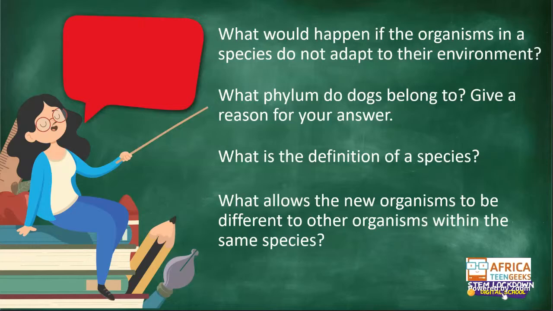But I am telling you now that that die out or that extinction can also happen not just because the animals didn't adapt to their environment or the species didn't adapt. It can also happen because of an outside factor that is creating a problem for them and that is destroying their habitat.